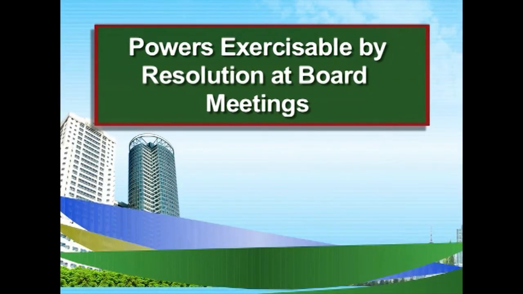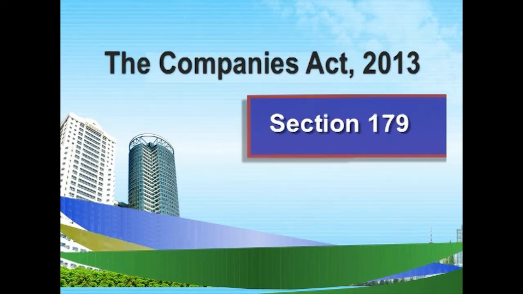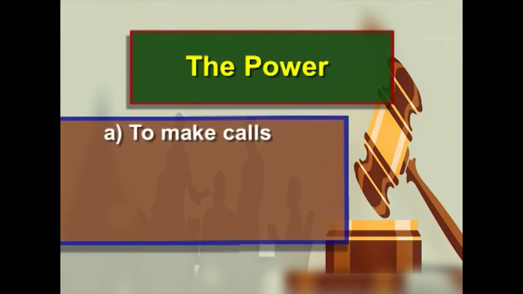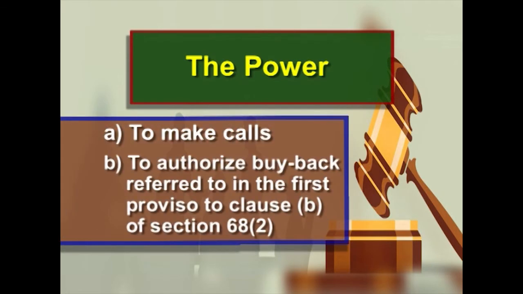Powers exercisable by resolution at board meetings. Section 179 provides that following powers of the company can be exercised only by means of resolutions passed at meetings of the board. The power to make calls, to authorize buyback referred to in the first proviso to clause B of section 68 subsection 2.